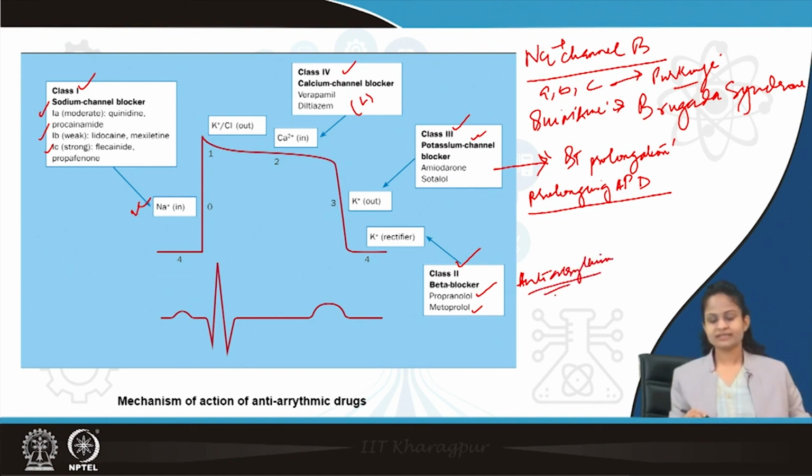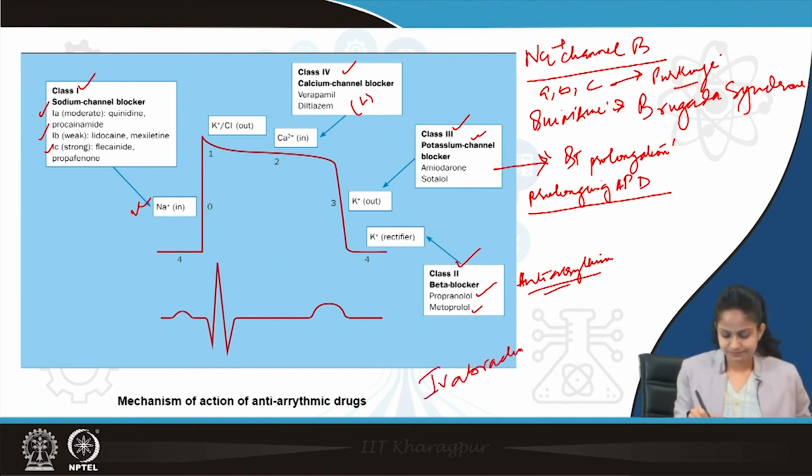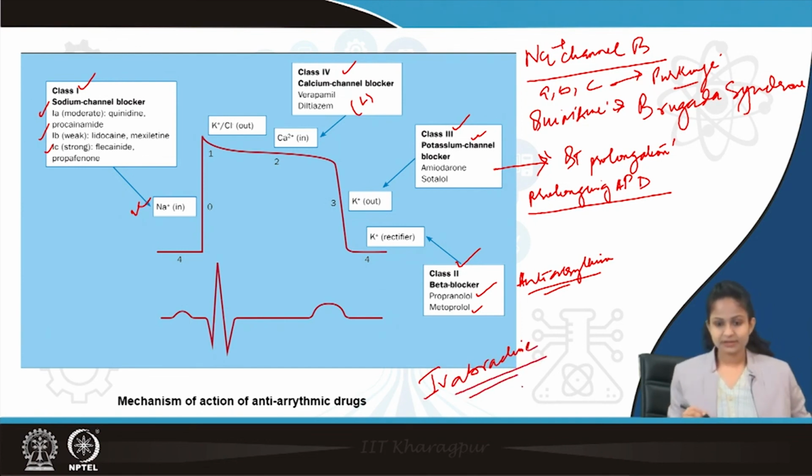One very important antiarrhythmic drug is ivabradine. Ivabradine plays a very important role by acting on the HCN channels, or the funny channels.